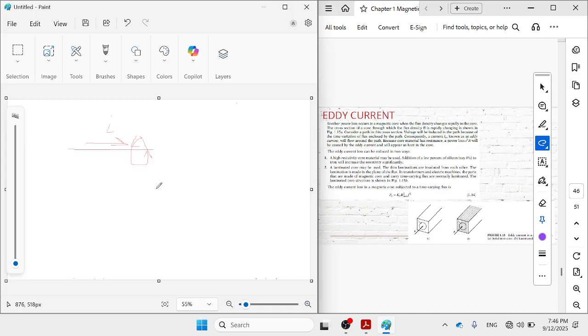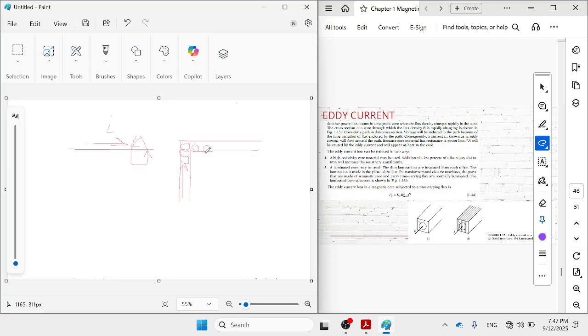Now if we have a core, an iron core, you can see this is the iron core. It's a bit bigger than a wire, correct? So the phi is here, so it can easily rotate and make eddy current inside this. So the eddy current starts to rotate here, here, here, because of the phi.